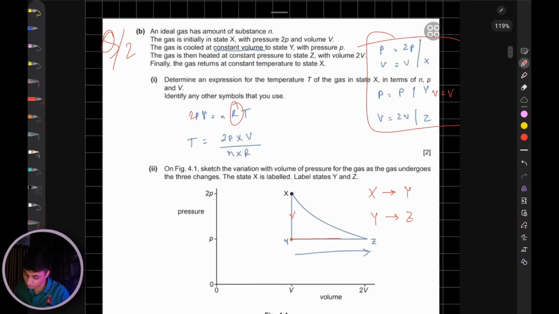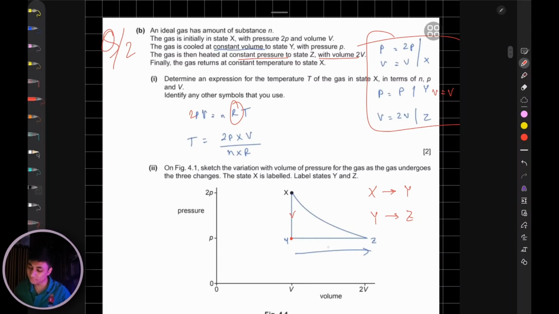While keeping the pressure constant, you're going to increase the volume. The system is heated such that it expands, therefore to volume 2V.